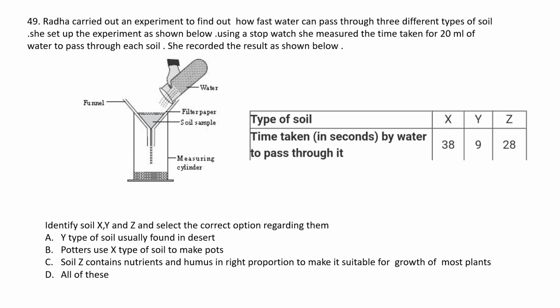Option A. Y type of soil usually found in desert. Option B. Potters used X type of soil to make pots. Option C. Soil Z contains nutrients and humus in right proportion to make it suitable for growth of most plants. Option D. All of these. And right answer is option D. All of these.